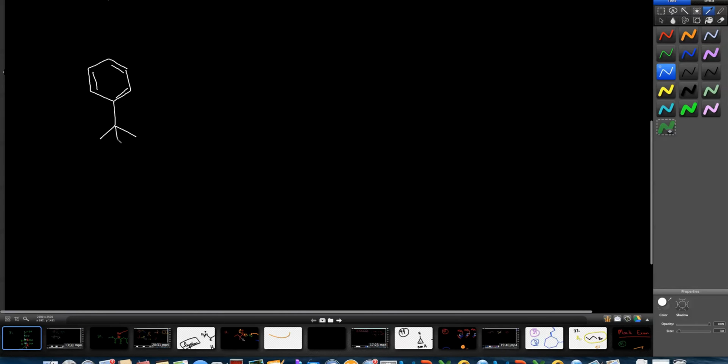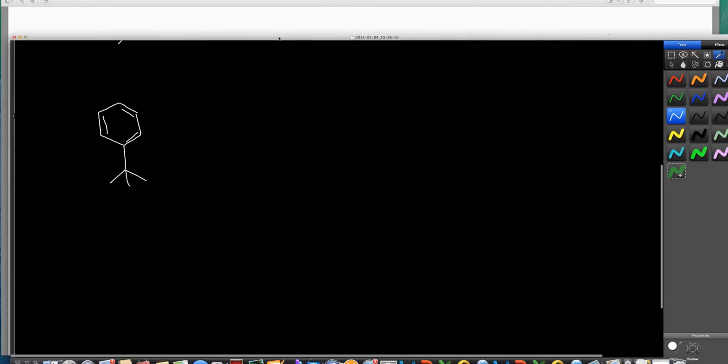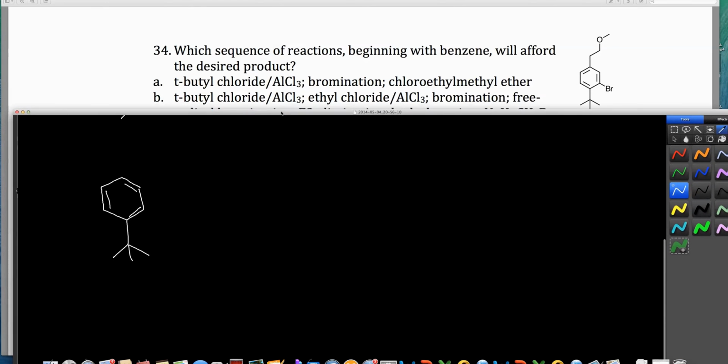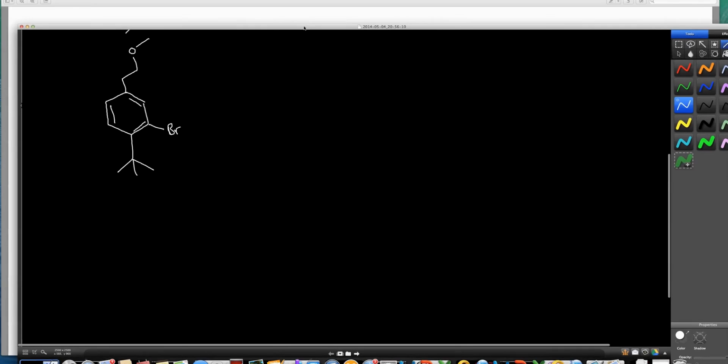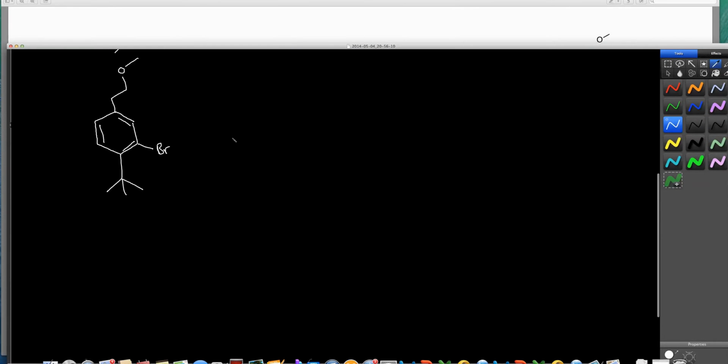So we have a T-butyl group, a bromine at carbon 2, and of course an ether at carbon 4. You know, we can envision doing this several ways. I think one way that would make sense would be doing a Williamson ether synthesis at the very end.